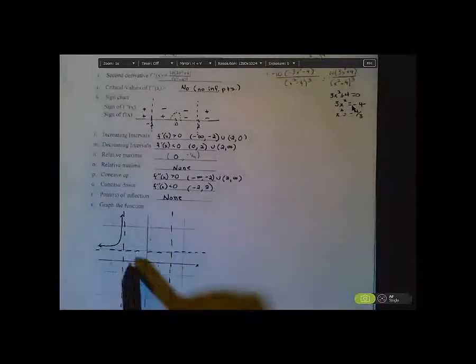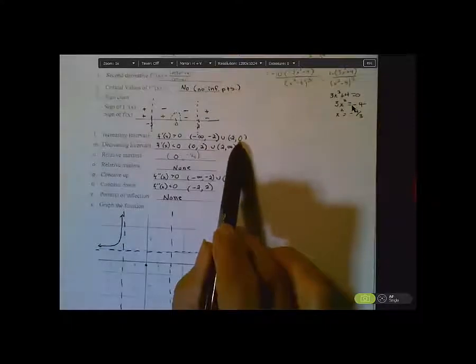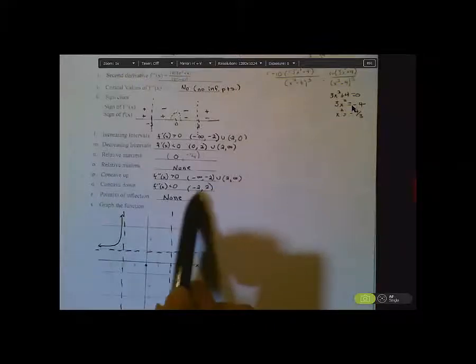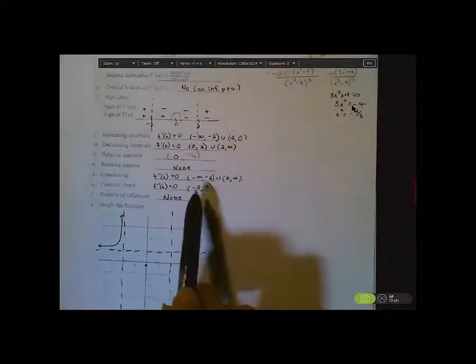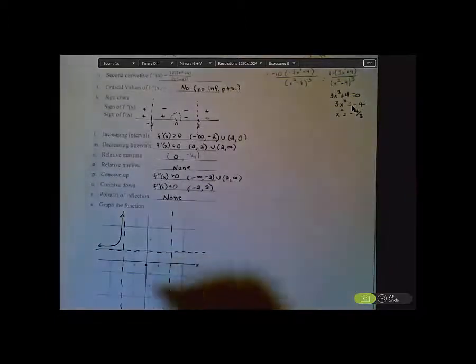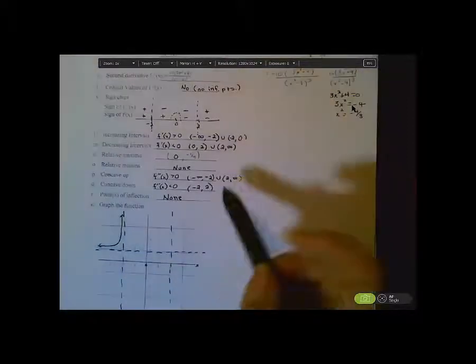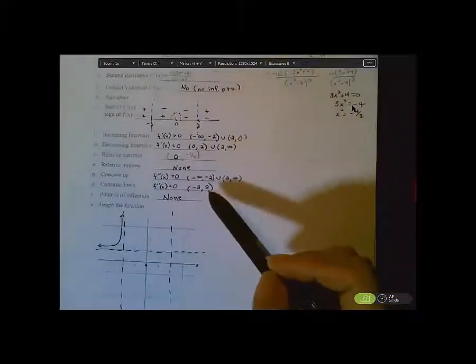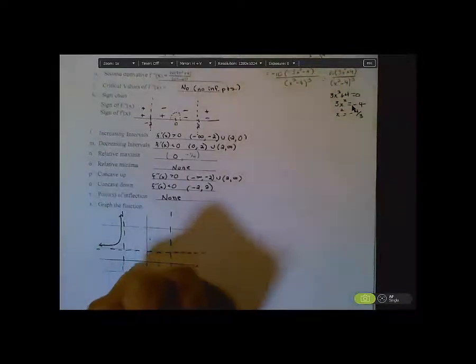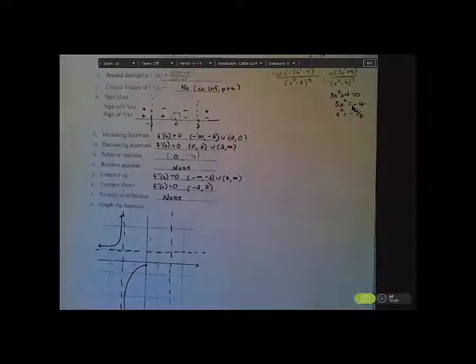Between -2 and 0, we said the function's also increasing, but it's concave down from -2 to 2, or concave down from -2 to 0. So how can I make a piece of this graph increasing and concave down? That's increasing, then concave down.